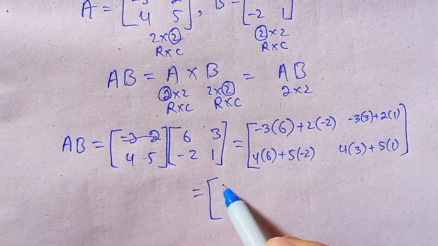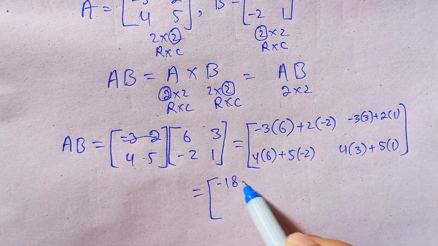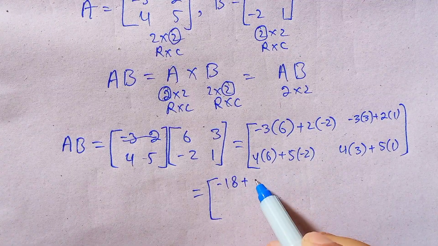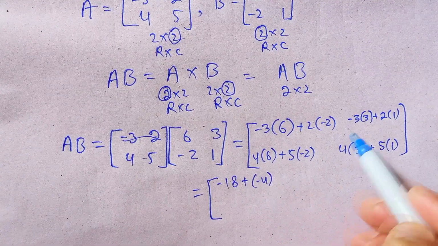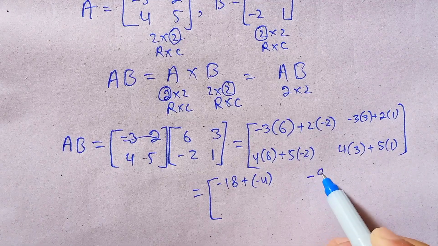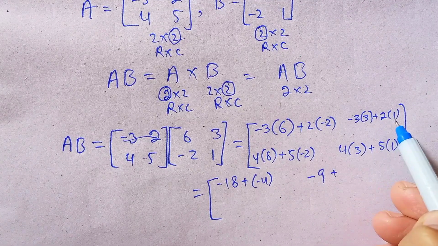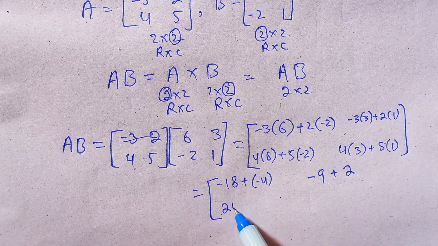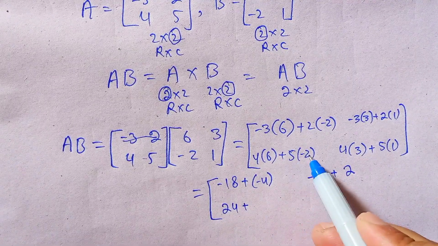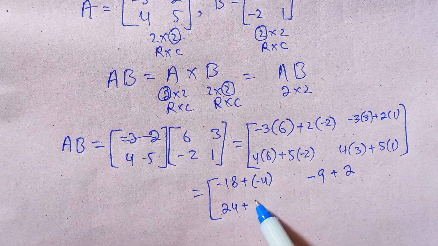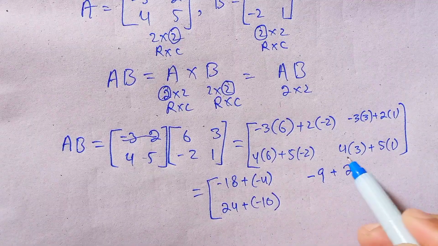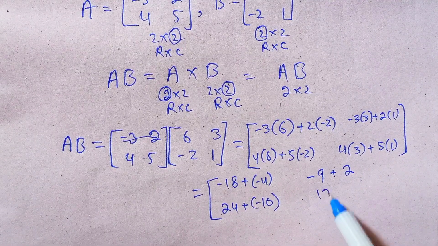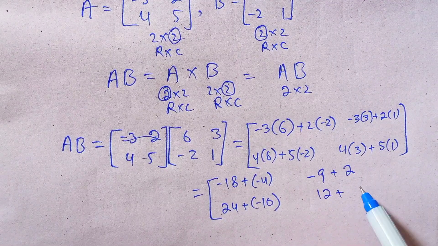-3 times 6 is -18, plus 2 times -2 is -4. -3 times 3 is -9, plus 2 times 1 is 2. 4 times 6 is 24, plus 5 times -2 is -10. 4 times 3 is 12, plus 5 times 1 is 5.